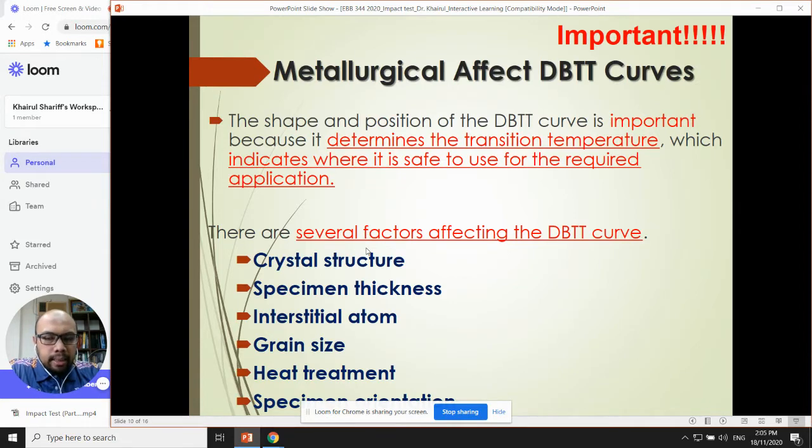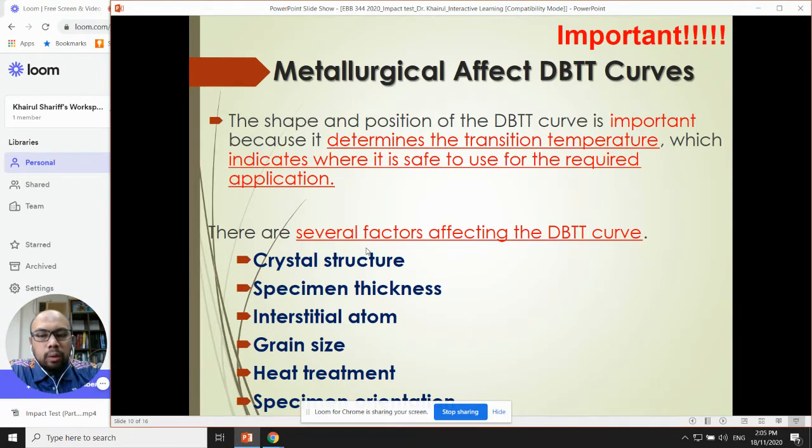In simple words, this statement means we need to understand the transition temperature. Let's say, for example, we plan to use this metal A for a bridge.